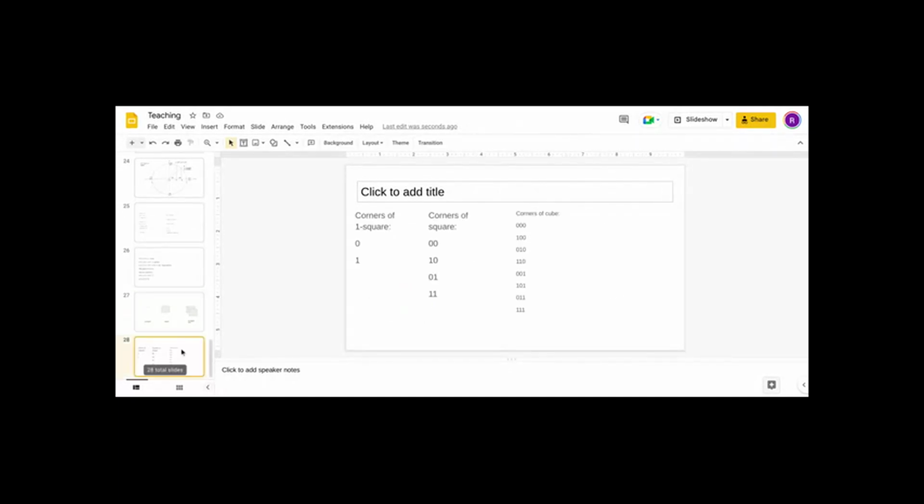And what are the coordinates? The coordinates are these. So if you just have one x-axis, then this is the origin 0 and this is 1. So that's why the corners of the one square are just 0 and 1. For the normal square, you have the y-axis also. So you just take this and you make the y-axis.